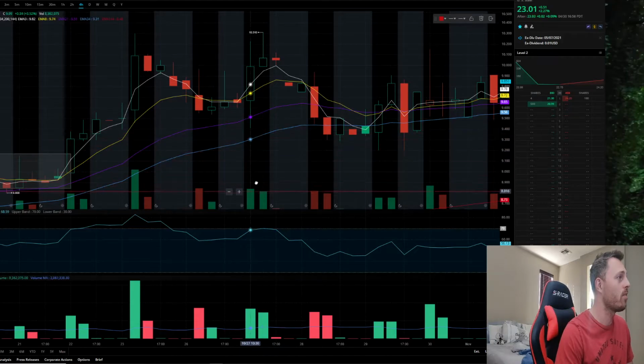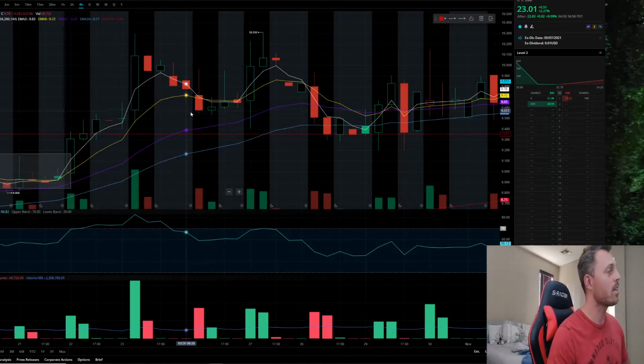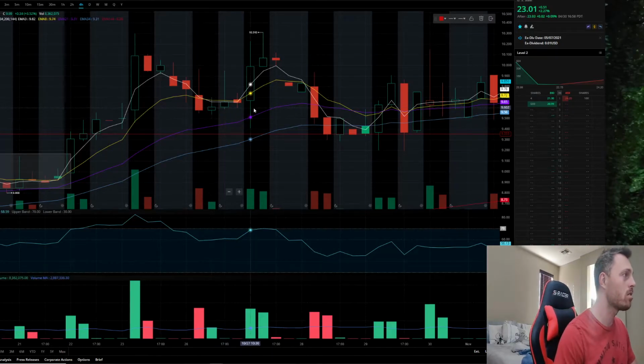Now, this is an example where I am actually not moving my stop loss too high. The previous day's low was actually also above that day's low. I won't move it all the way up to here because the following day could easily drop down to this point, as it does.